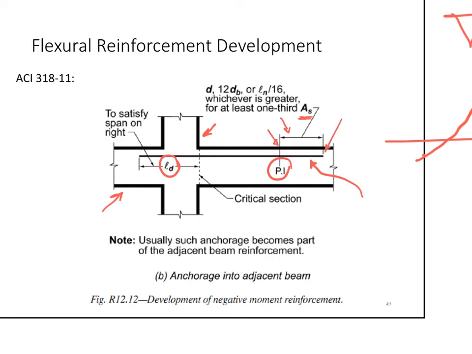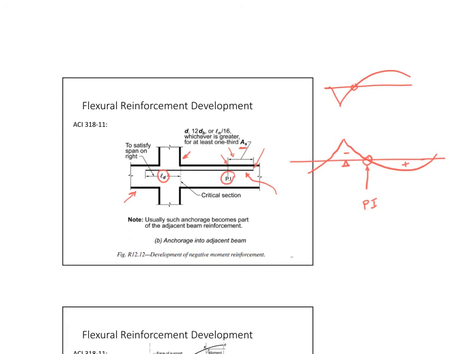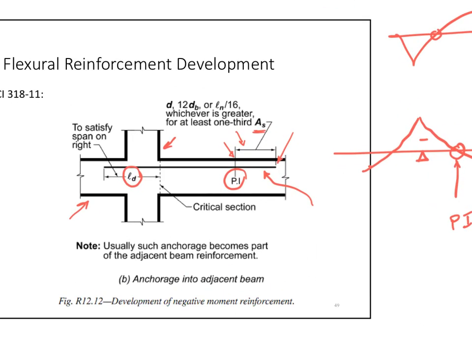Again, imagine that I have, for example, 6 bars in the top steel. Here's my top steel. I have 6 bars. 1/3 of the 6 bars is how many bars? 2 of them. At least 2 of these bars, so could be 3, could be 4, could be all 6, must continue to this point.